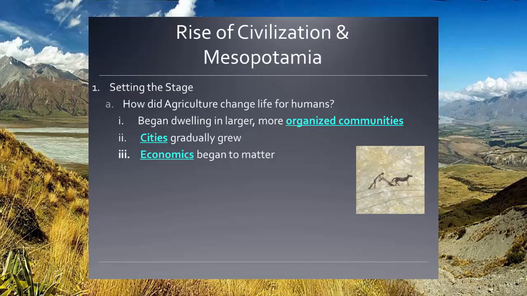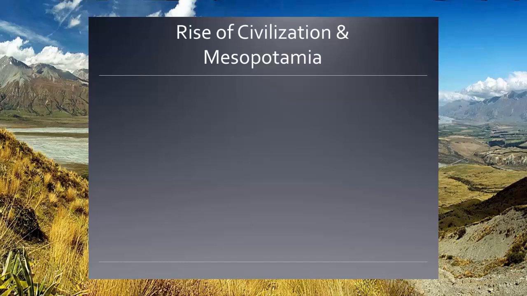Economics began to matter. People began to understand the value of work and trade. As more people were able to be fed, more and more people began staying in one place. These small villages would eventually grow into sustainable cities.